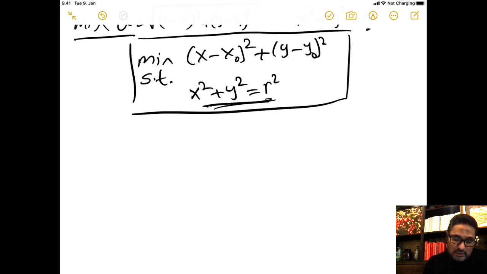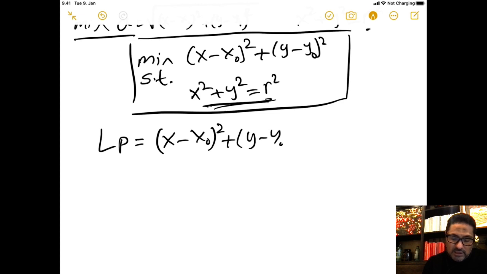Now, solving this one, we can build the primal form of the unconstrained cost function. It can be L_P, the primal form, equal to (x minus x0) squared plus (y minus y0) squared plus lambda, the Lagrange multiplier, times (x squared plus y squared minus r squared).